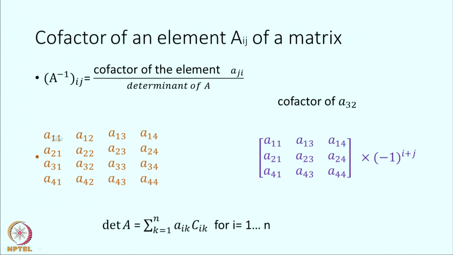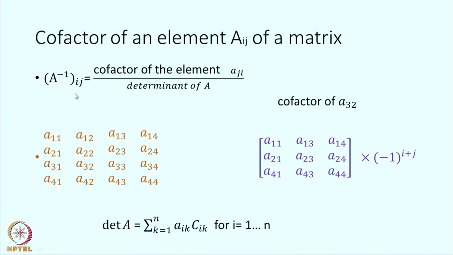Whenever I get the cofactor of A11, A22, A33, A44, the sign is always positive, because when i and j are equal, i plus j is always even. So, the cofactor of all the diagonal elements will have a plus sign, and of course, you remove the appropriate row and column to get the cofactor. That is how I define the element of my inverse matrix.